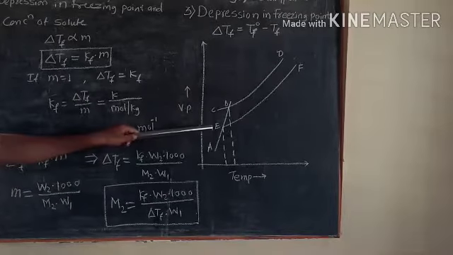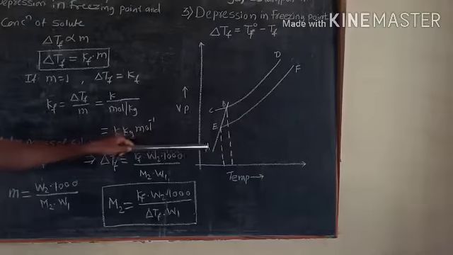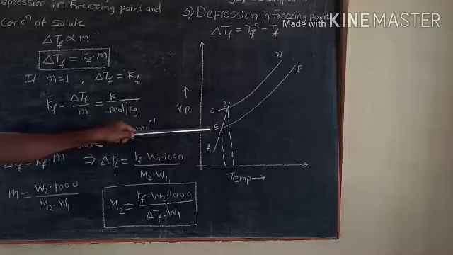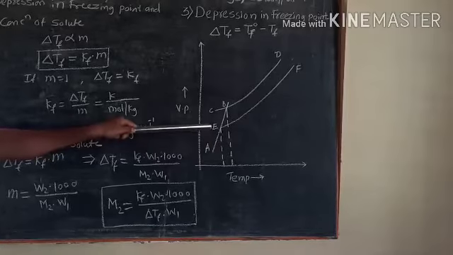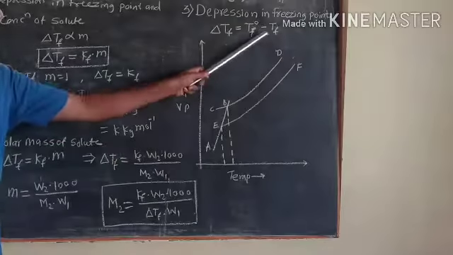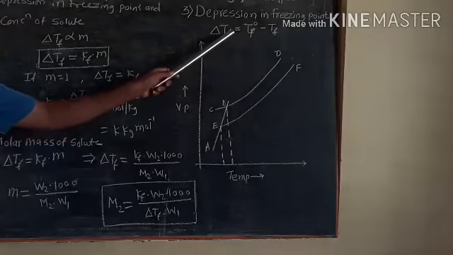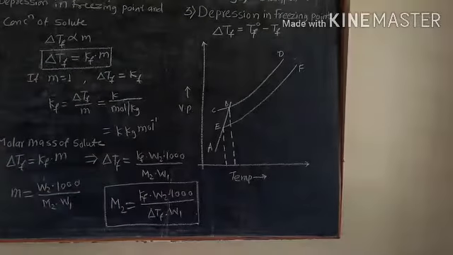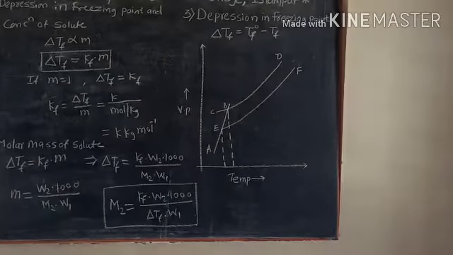Similarly, E is the intersection of the lines AB and EF, and E is called the freezing point of the solution, and that temperature is the freezing temperature Tf. So delta Tf is equal to Tf0 minus Tf. This is the graphical representation of the depression in freezing point.